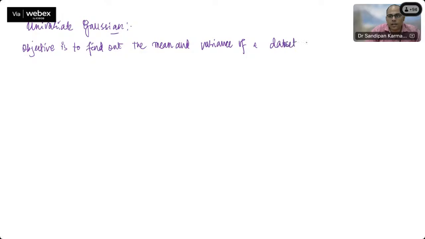So the objective is to find the mean and variance of a data set, assuming the data follows a normal distribution.